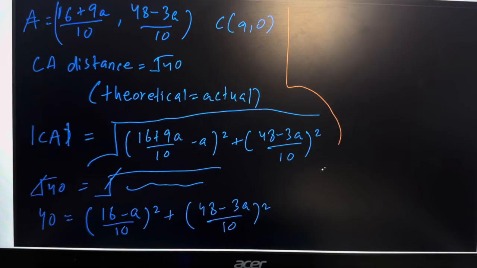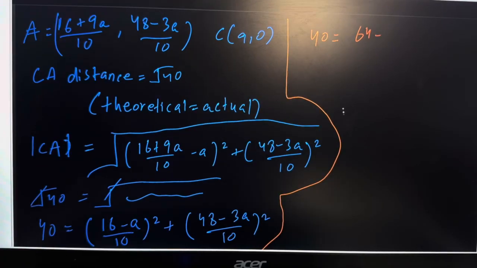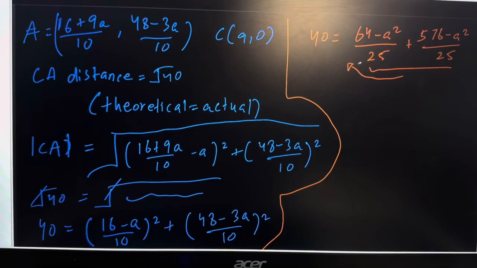So this becomes 64 minus a squared upon 25 plus, now here 48 squared upon 10 squared, 576 minus a squared upon 25. Again, the denominators are the same, so what I can do is make the denominator go to the other side, multiply by 40.